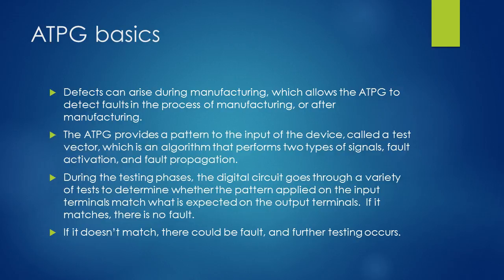During the testing phases, the digital circuit goes through a variety of tests to determine whether the pattern applied on the input terminals matches what is expected on the output terminals. If it matches, there is no fault. If it doesn't match, there could be a fault and further testing occurs.